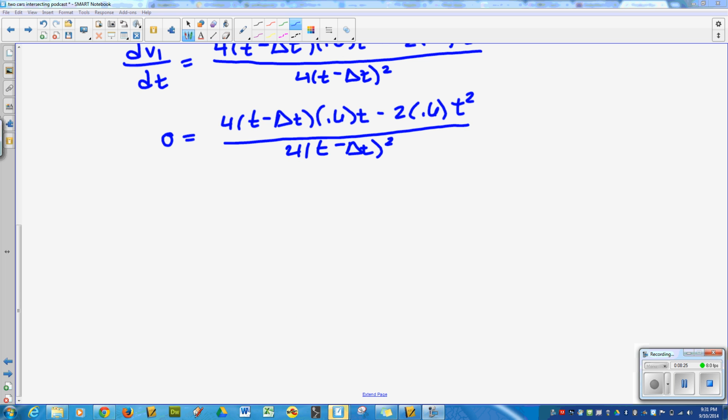And to simplify that, 0 is the same as 0 divided by 1, so I'm going to cross multiply. 4 times t minus delta t squared equals 1 times all of this, which will just be all of that.